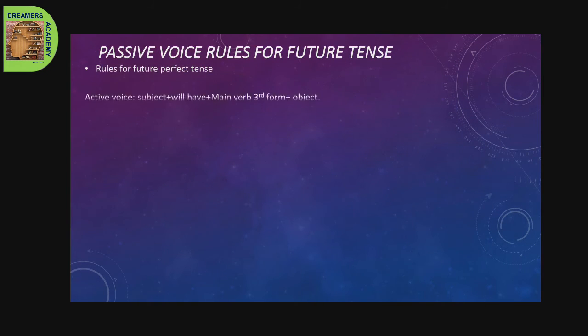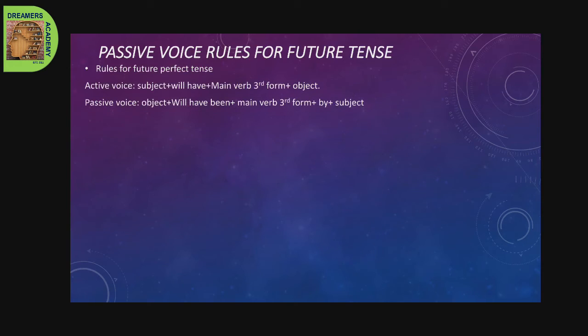Then future perfect tense. Active voice rule is subject plus will have, then main verb third form, then object. And the passive voice will be object plus will have been, then main verb third form, then by and the subject. Like the example, we will have run an emergency support for disaster.